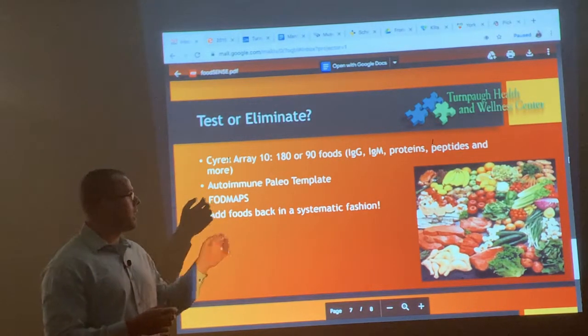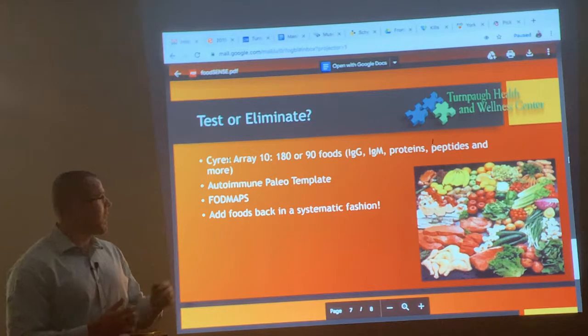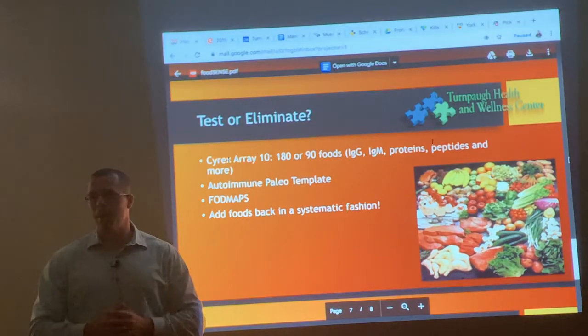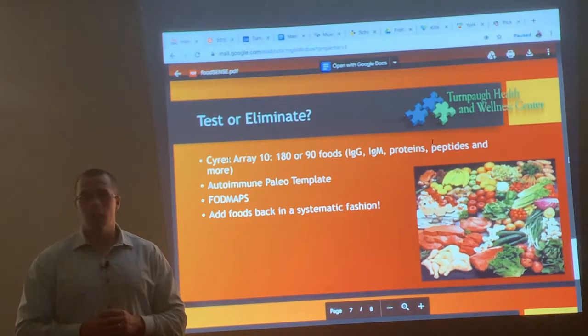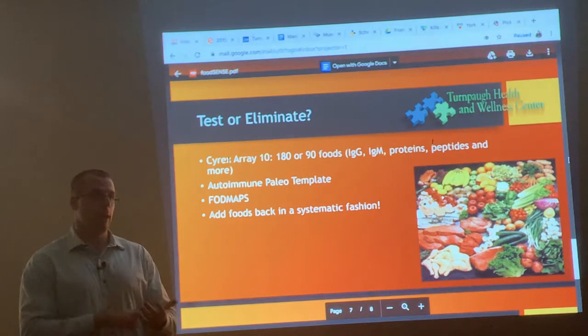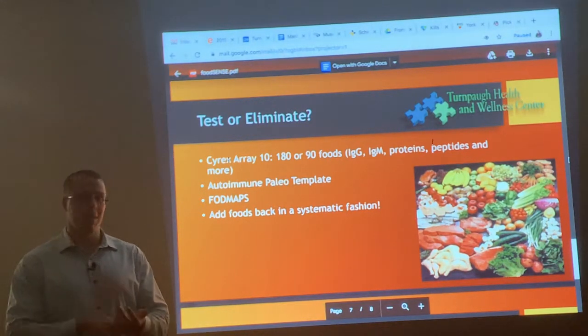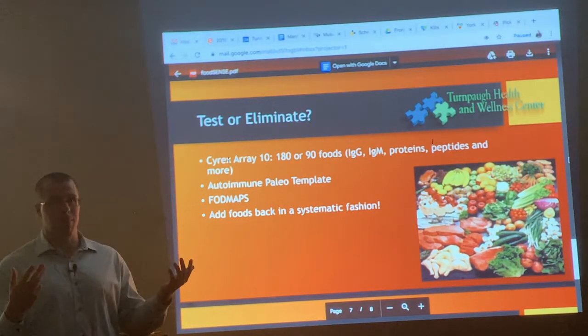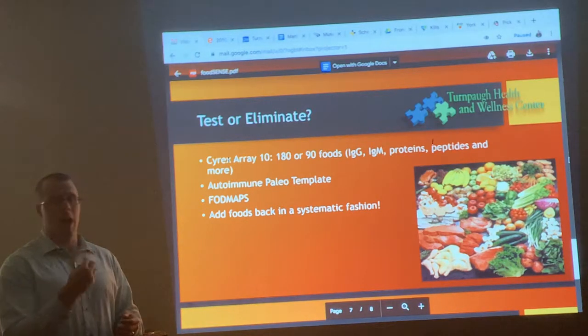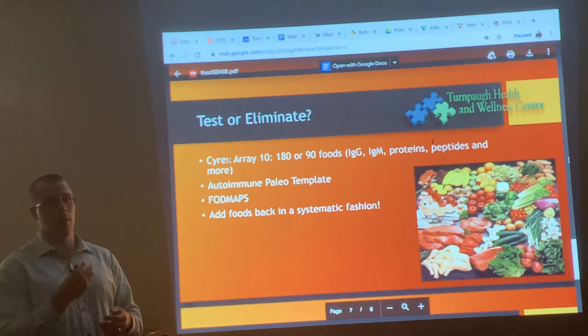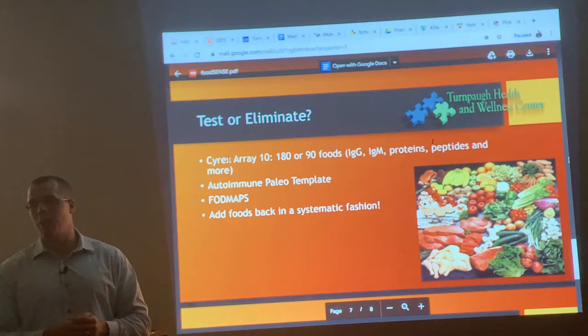And the other thing I wanted to comment is that when we add foods back in, we want to think about the aspect of a dose-dependent response. What that means is it's pretty simple. The more of that food I try at that exposure, the more likely I have a reaction.